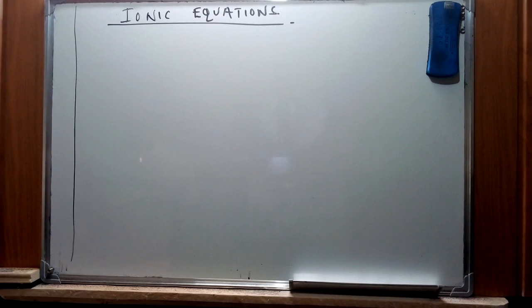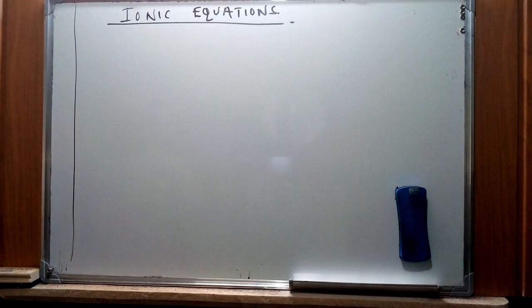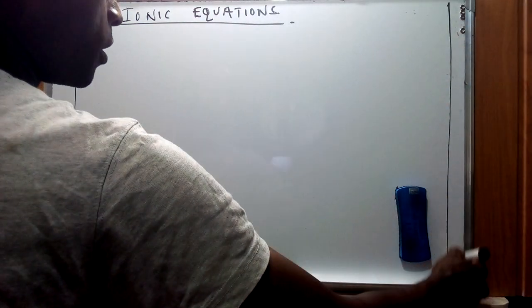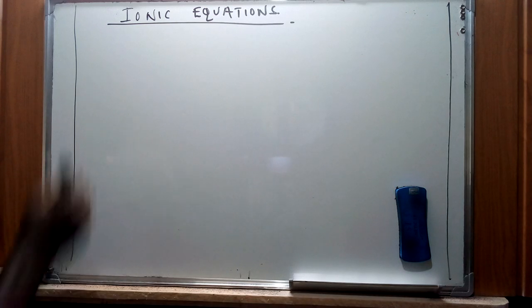So for today, we are going to discuss the concept of ionic equations. The last time, in some of our videos, we talked about the concept of stoichiometric equations, and we represented them using the symbols, the reacting volumes, and the states of the reacting species and the products. So for today, we are going to use a few examples in order to illustrate what an ionic equation represents.